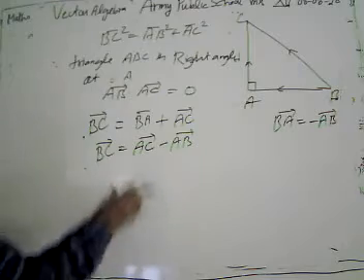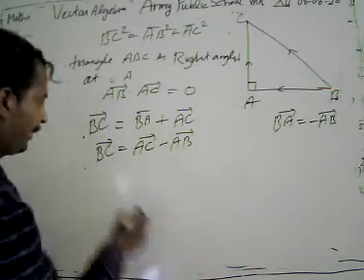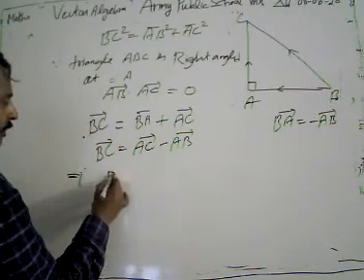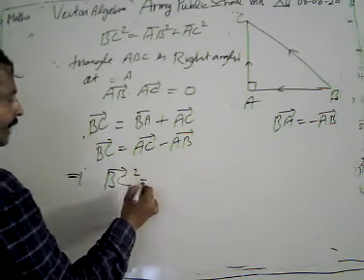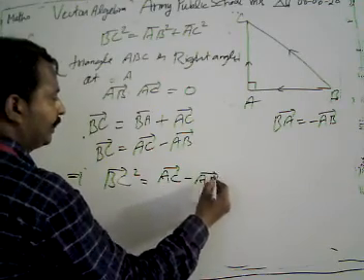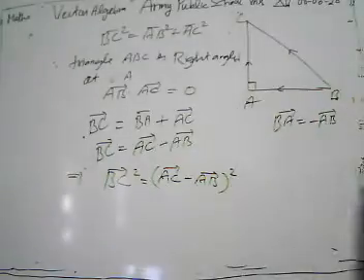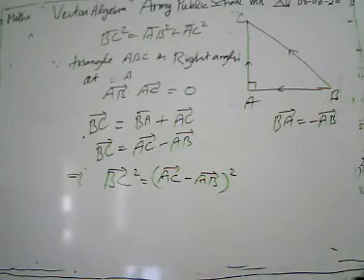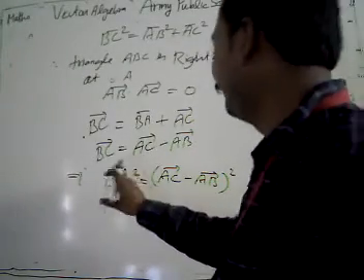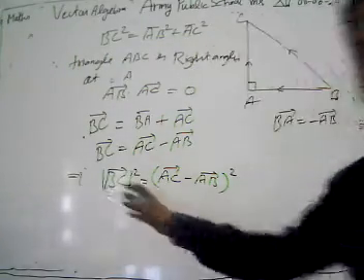Then what do we do? We take the squaring of both sides. Vector BC square is vector AC minus vector AB square. We can also say that we are taking the dot product with itself, which gives the magnitude of BC whole square.